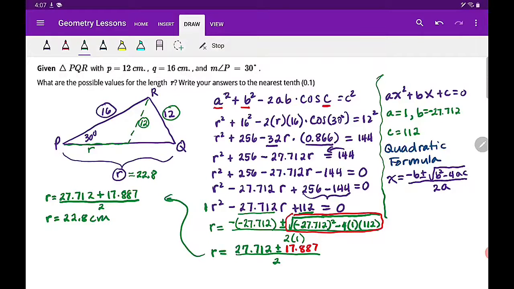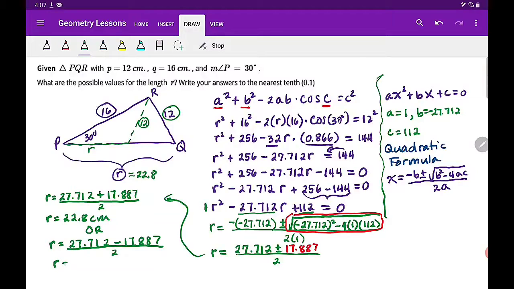Now, next up, if I take the minus version, r is equal to 27.712 minus 17.887 divided by 2.